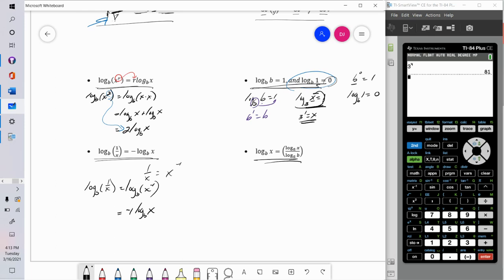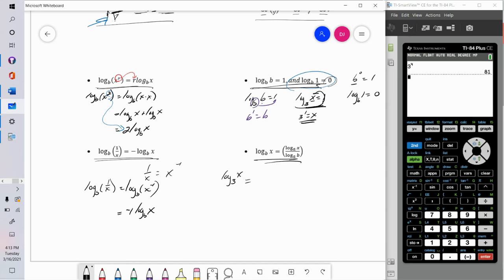Rule number 6 is what's called a change of base rule, and it's a rule that we could use. So for example, if I've got the log base 3 of x, and I don't want to use the base 3, I could choose to work in base 10, because the calculator is going to work best in base 10.